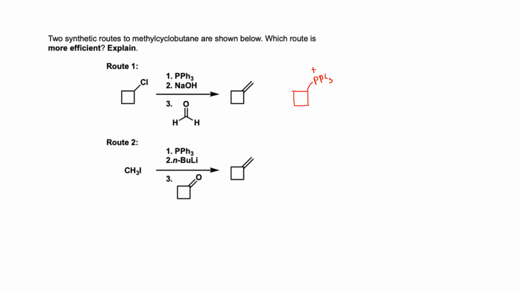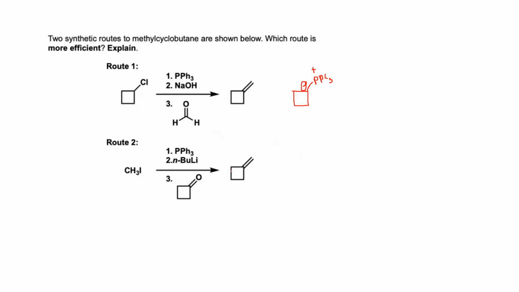Now by addition of base, a negative charge should be formed here so that you can form the ylide. Now we know that this is sp3 hybridized and a cyclobutane, so the negative charge on this position is not that stable.